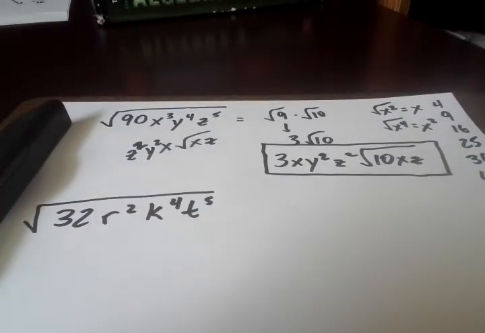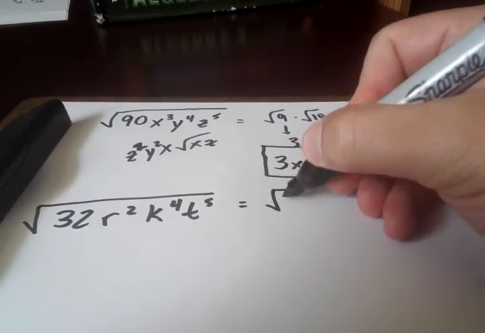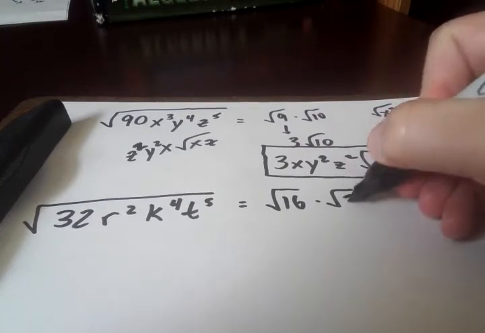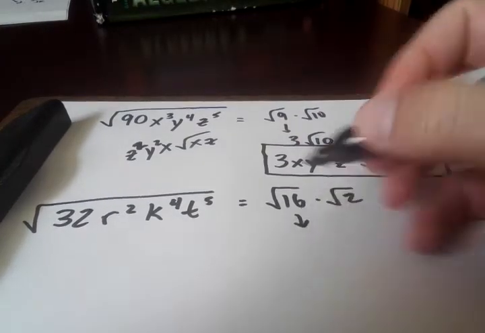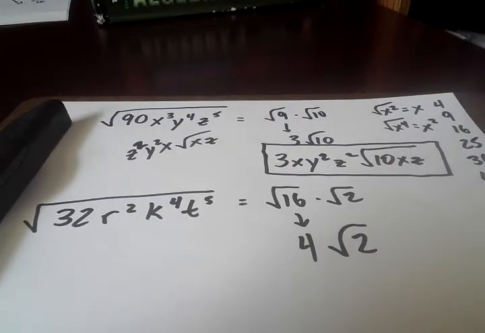Reminder, guys, we're taking out the variables in pairs. All right, so I want to start with the 32 first. Perfect square that goes into 32. 32 divided by 25 is a decimal, but 32 divided by 16 works, so radical 16 times radical 2, right? And we know that square root of 16 is 4. So I've got a 4 out, and I've got a radical 2 inside.